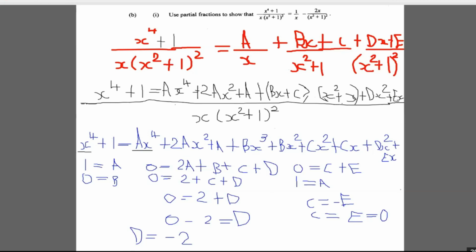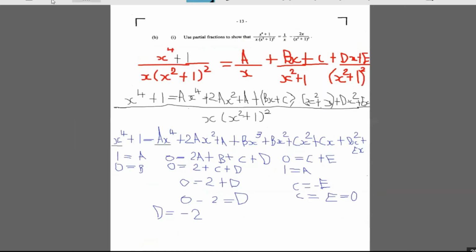We found a, we found b, we found c, we found d, we found e. So let's erase now. So a we found is 1. B we found is 0, so this is plus 0x. C we found is 0.